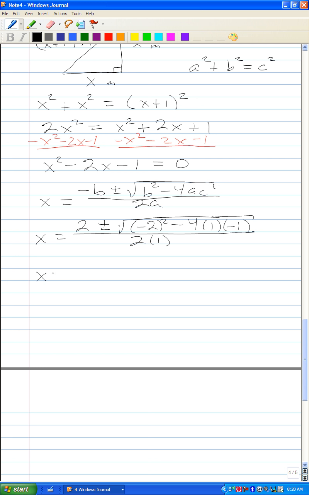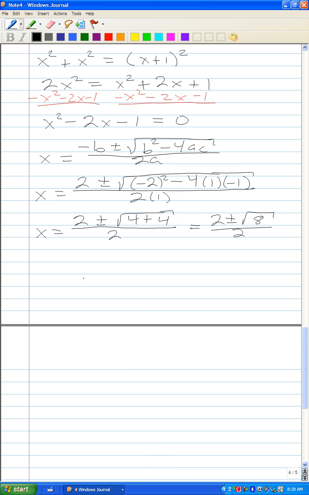So x is equal to 2 plus or minus the square root of negative 2 squared is 4. Negative 4 times 1 times negative 1 is 4. 4 plus 4 is 8. I can write 8 as 4 times 2.